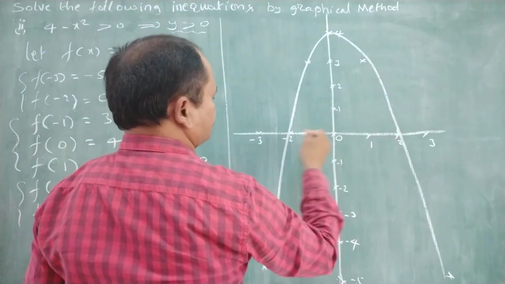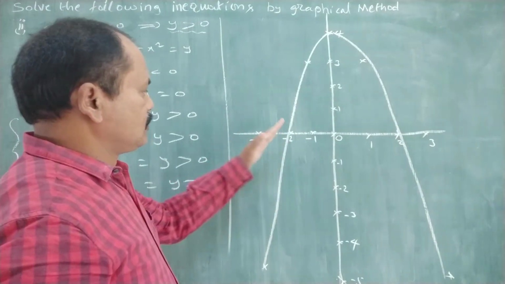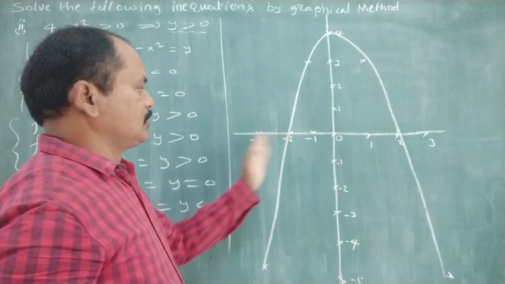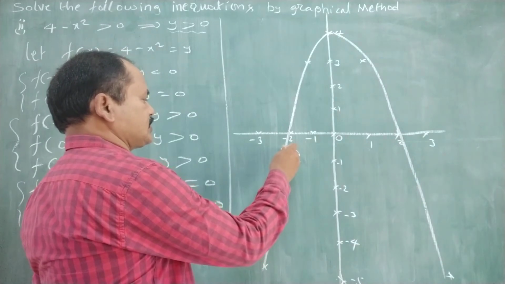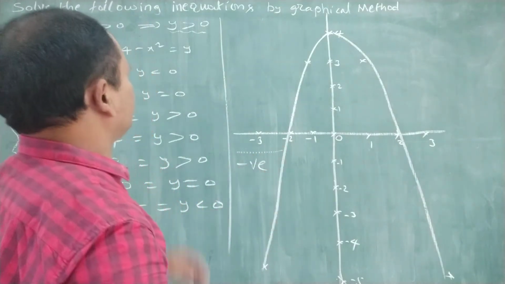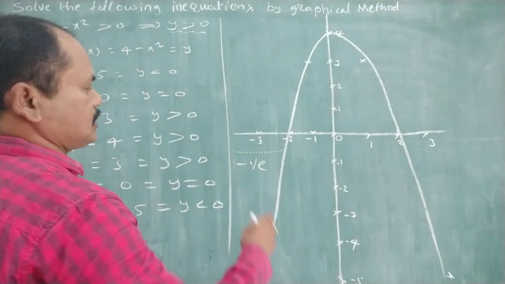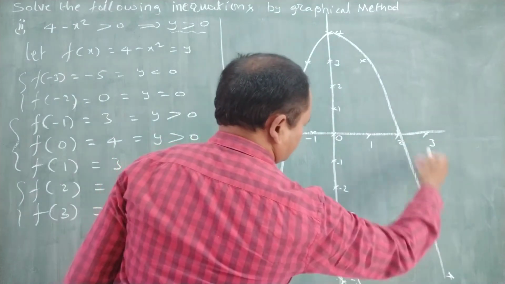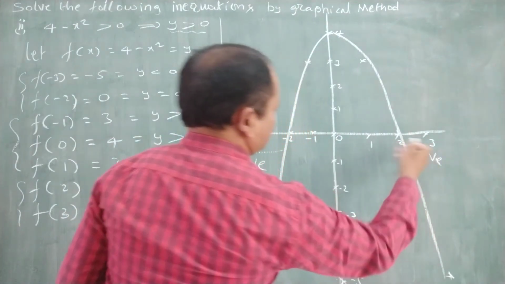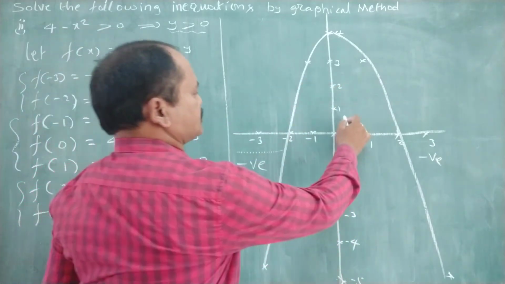Below minus 2, including minus 2, it is negative. Above 2 it is also negative. That's why this is the positive part.